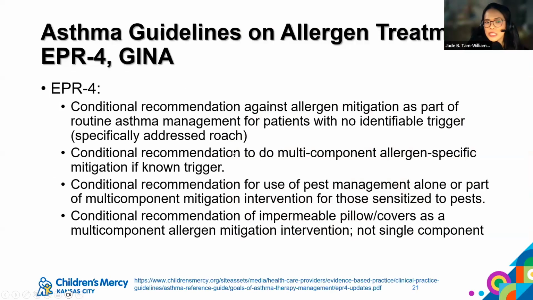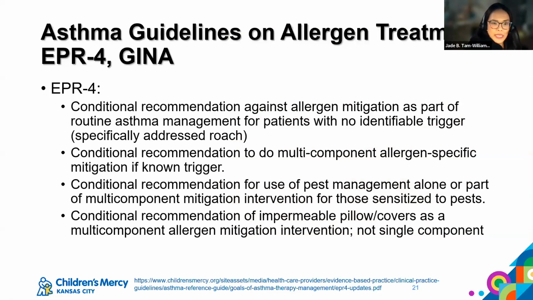So, what are the actual guidelines and what do they say about allergen treatment? There are two major guidelines in the United States. One is called the EPR4, or the Expert Panel Report 4, which is American based. It is updated very infrequently, and the last update was in 2020.